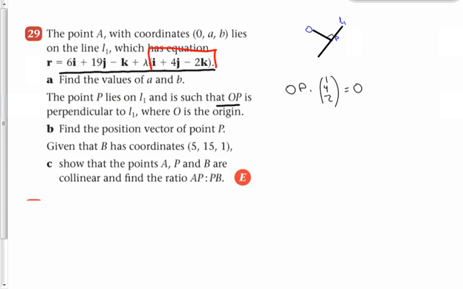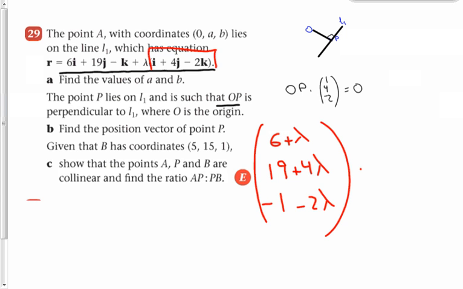So OP must be of the form (6 plus lambda, 19 plus 4 lambda, -1 minus 2 lambda) dot (1, 4, -2) is equal to 0.